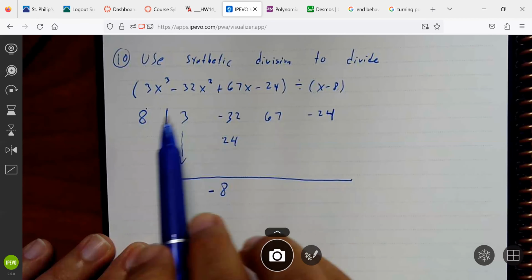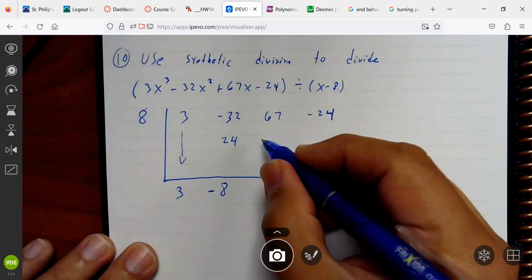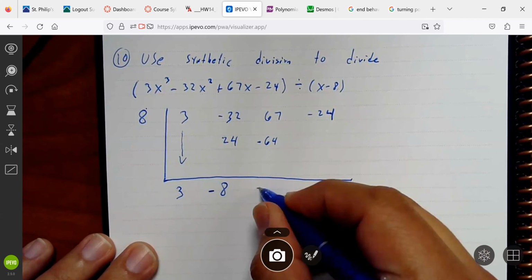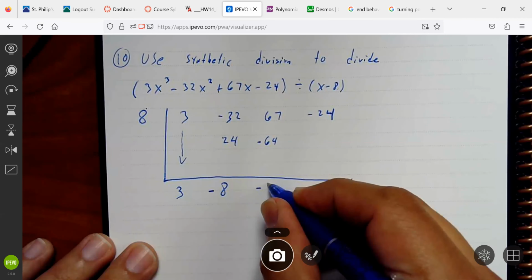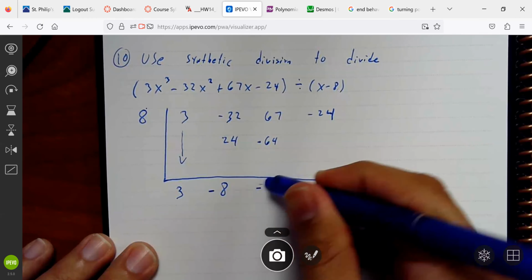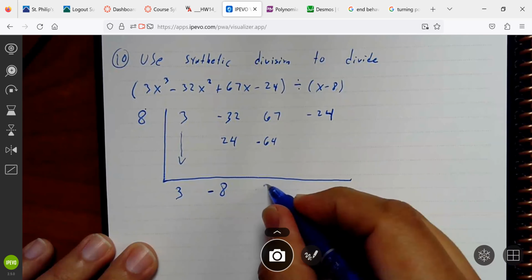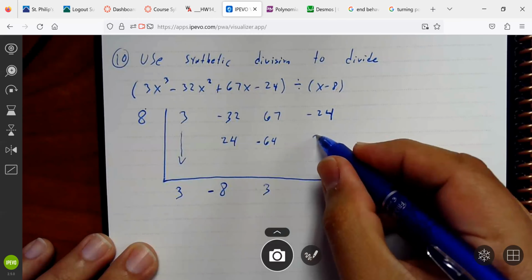Now again, 8 times negative 8 is negative 64. Add them up. Positive 3. 8 times 3 is 24.